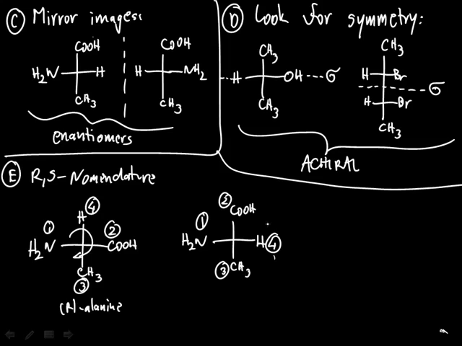Because we know our hydrogen is pointing upwards, we still can look at our sequence of 1, 2, 3, and then simply invert it. Because since our hydrogen is pointing upwards, our configuration is going to be wrong. We need hydrogen to point backwards. But since we know it's going to be wrong, we can get that wrong configuration and then switch it to the correct one, since we have only two choices, R and S.